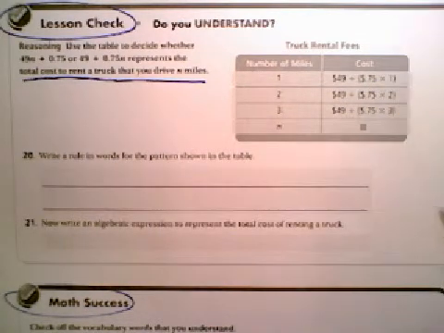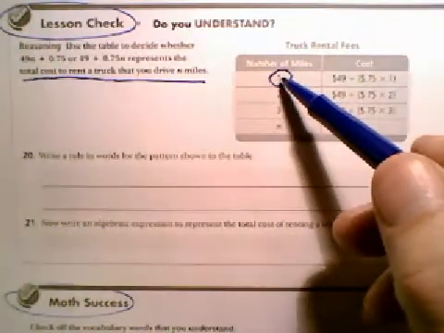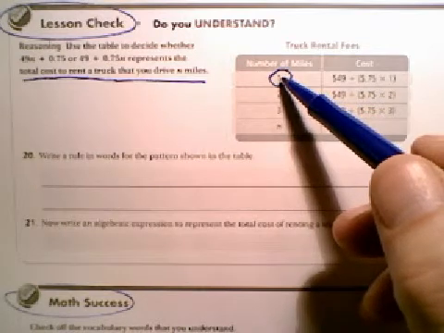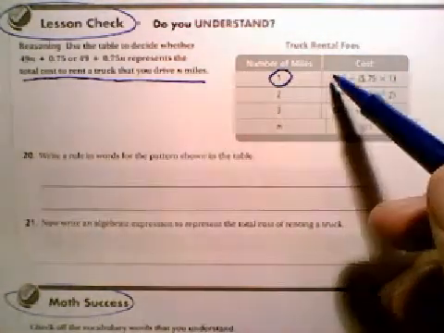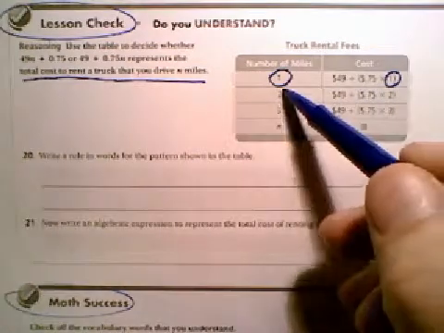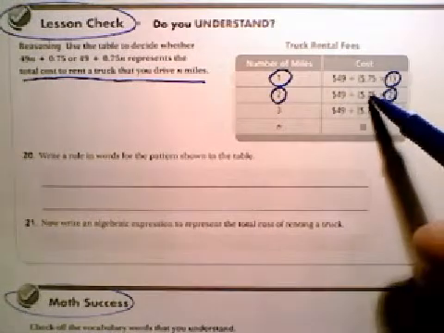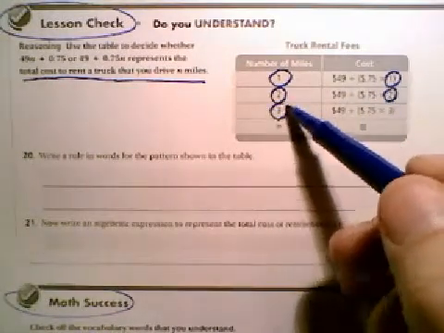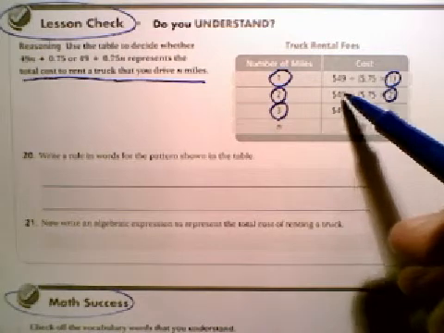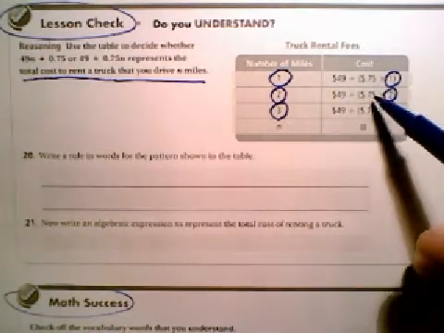Okay, so the key things to look for in these are, if the number of miles is right here 1, then where do you find a 1 over here? All right, there's a 1 there. 2 miles, we're going to take 2 and multiply it by 75 cents. It's still 49 plus 2 times 75 cents.